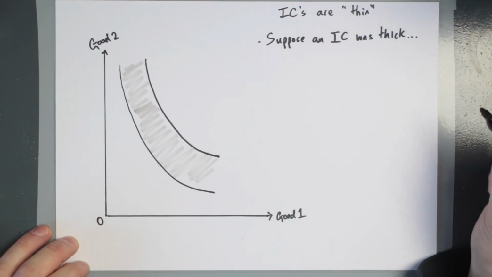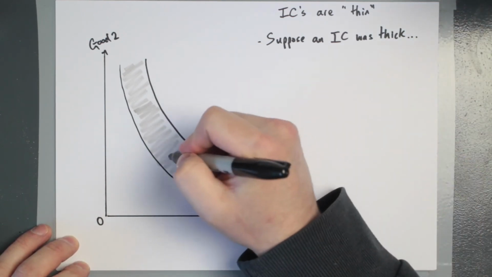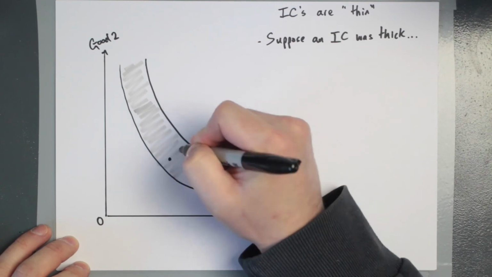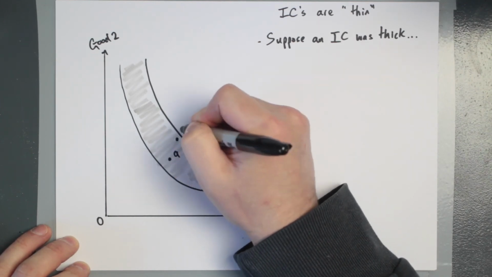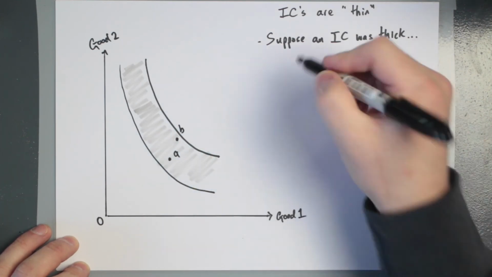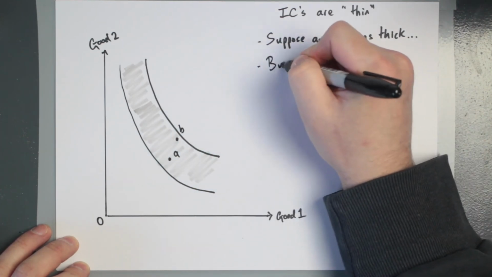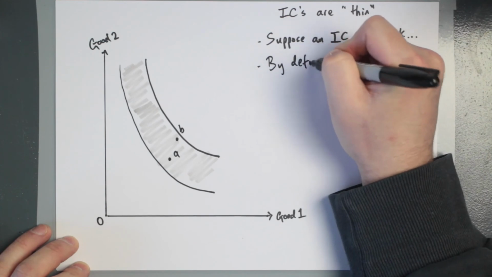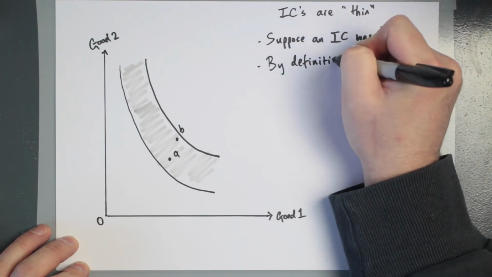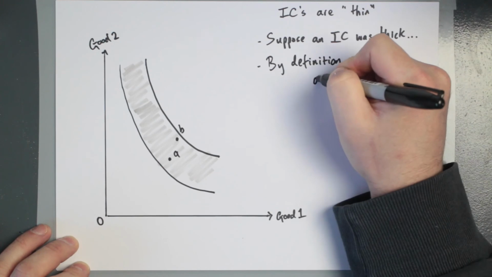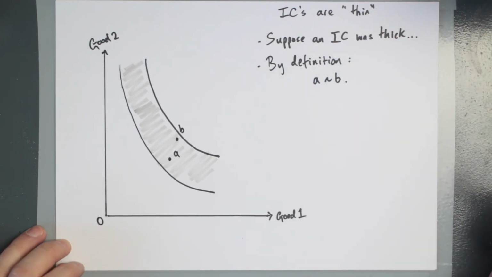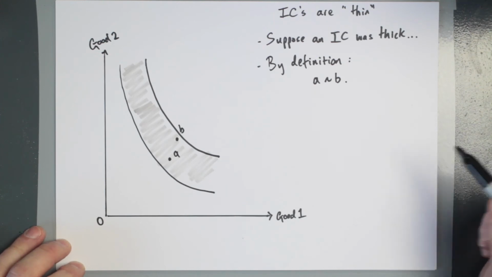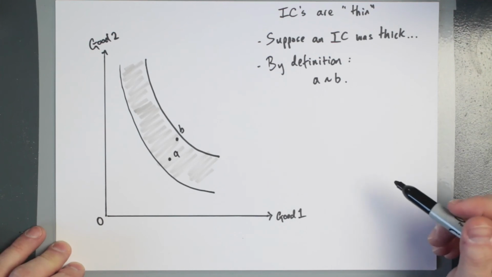Now, by the definition of an indifference curve, if I pick two bundles, I'm going to write bundle A here and bundle B there. Because this is an indifference curve, I know our consumer is indifferent between A and B. There I've just appealed to the definition of an indifference curve. This thick one I've drawn must satisfy that definition if it's an indifference curve.